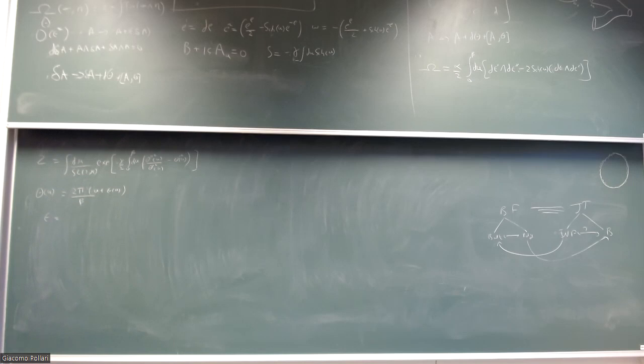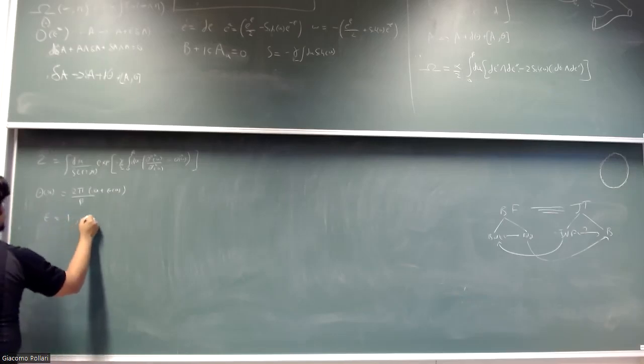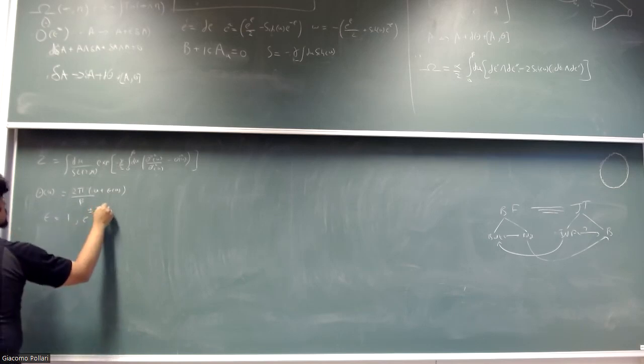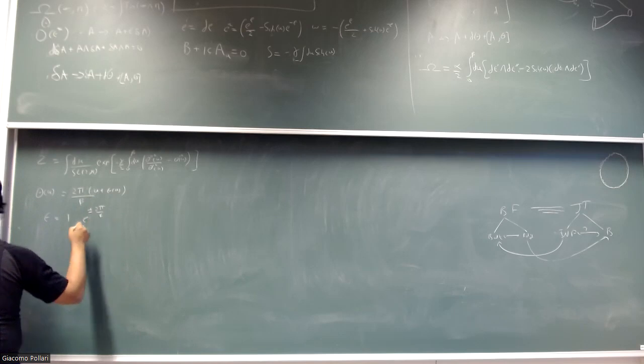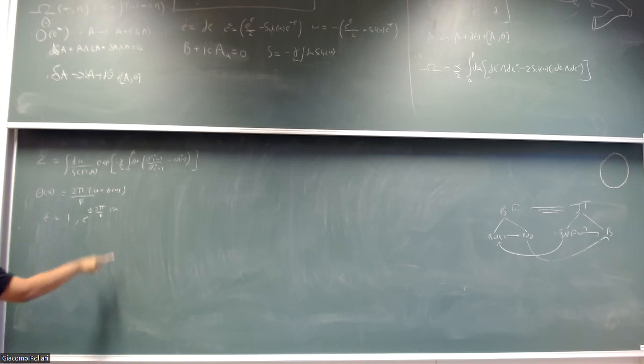So we have to take epsilon such that epsilon equals 1, and these correspond to zero modes of SL1. So this kind of information.